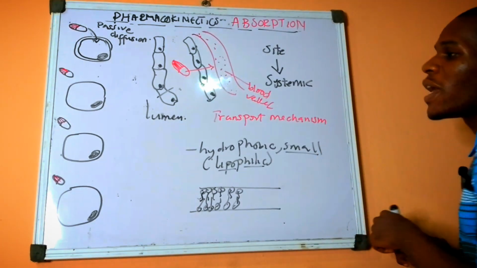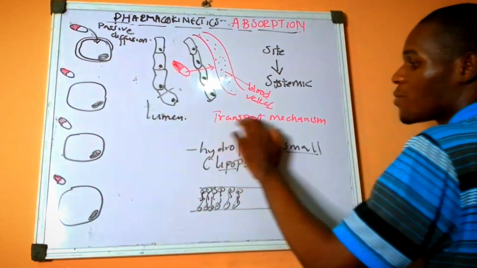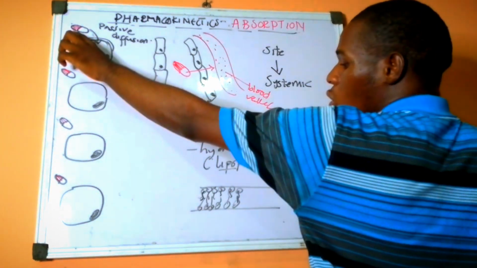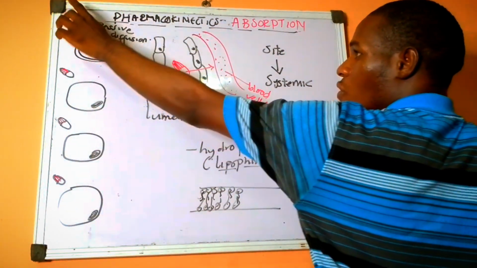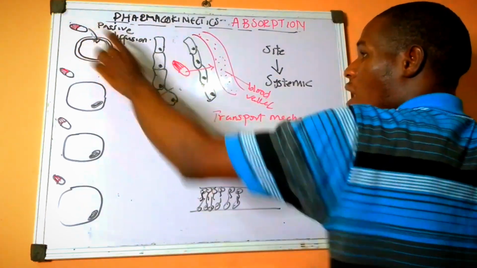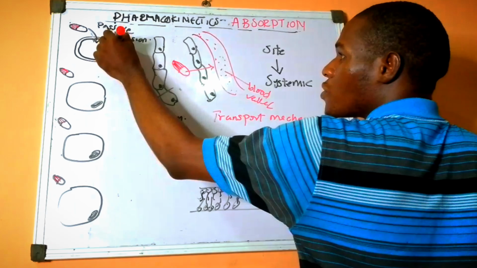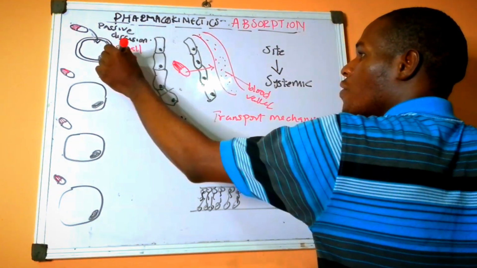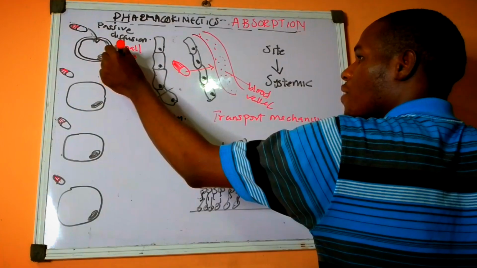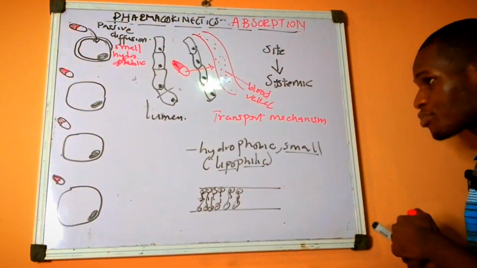So drugs that undergo passive diffusion are small hydrophobic or lipophilic drugs that can diffuse from a region of higher concentration to a region of lower concentration. So let me just write that down: small hydrophobic or lipophilic drugs.